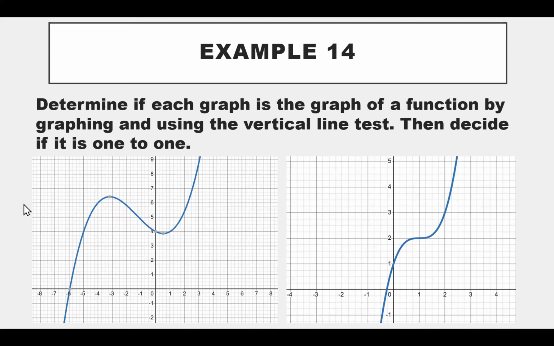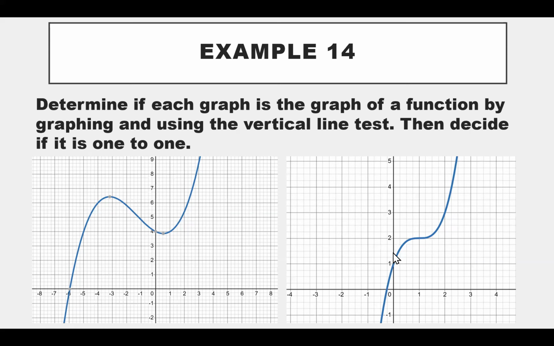However, it is not one-to-one because there are horizontal lines that can go through the graph at two or more places. So this graph on the left is a function, but not one-to-one.